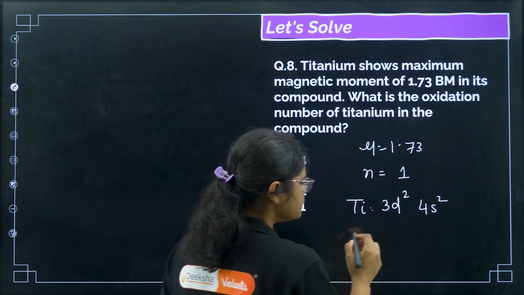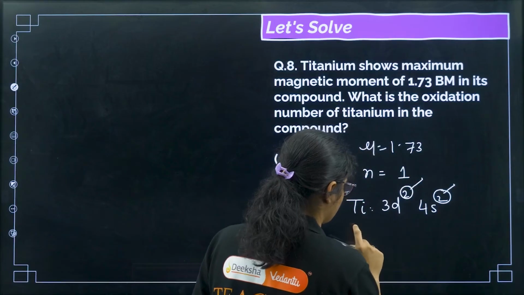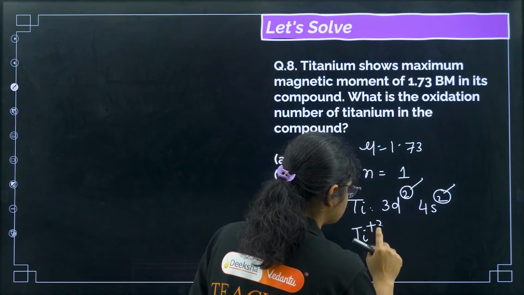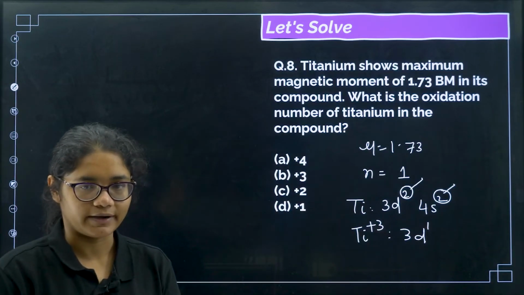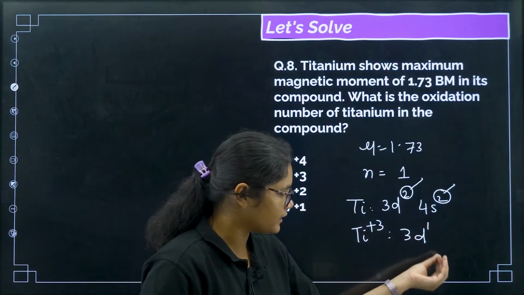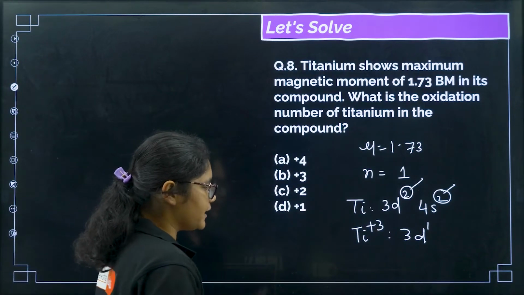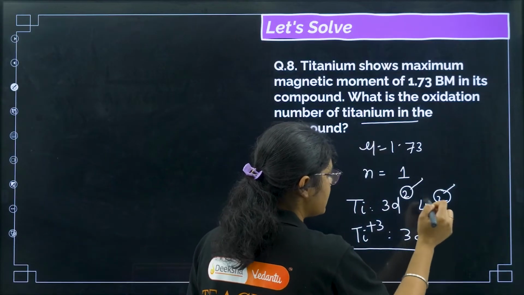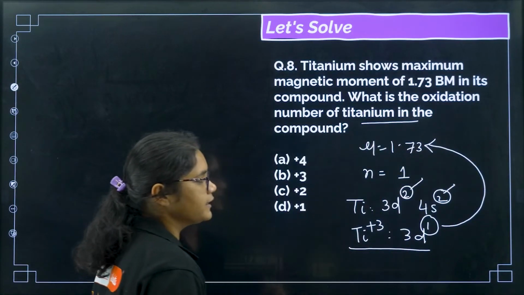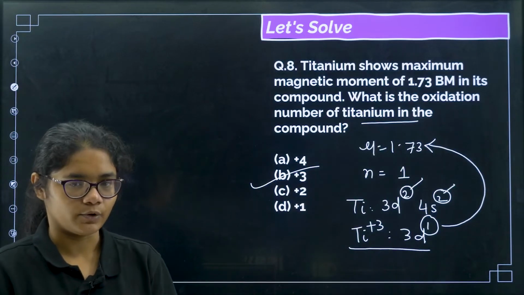So for one unpaired electron, how many electrons do I have to remove? 2 electrons and 1 electron. If titanium is in +3 oxidation state, the electronic configuration will be 3d1. If 3d1 is there, magnetic moment will be 1.73. So the titanium oxidation state in this compound is +3.